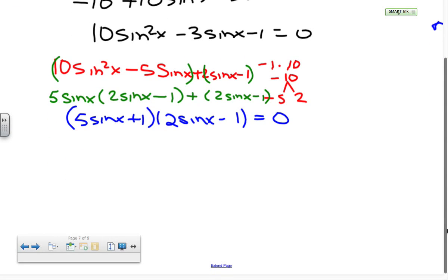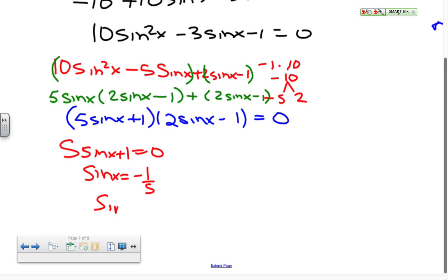Now, I have 5 sine x plus 1 equals 0. I'm going to solve that. I end up with sine x equals negative 1/5. I do the inverse, and I come up with negative 0.201 plus 2k pi.